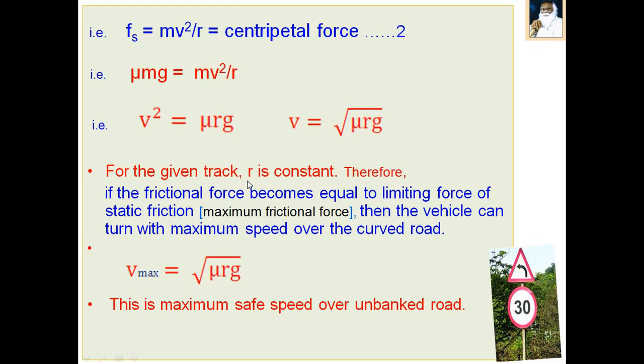For the given track, the radius will be constant, and therefore if the frictional force becomes equal to the limiting force of static friction, then the vehicle can turn with the maximum speed over the curved road. Means the velocity is the maximum, and which is given by under root mu rg. This is the maximum safe speed over an unbanked road.